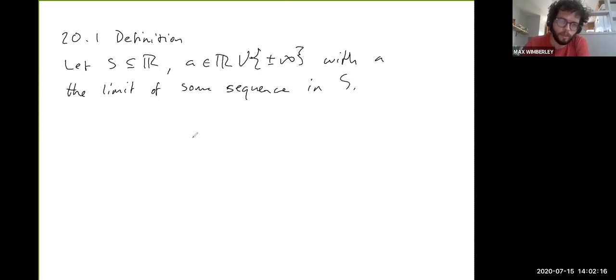in S. It's actually important that there has to actually be a sequence of points in S that approaches A for this symbol to make sense.